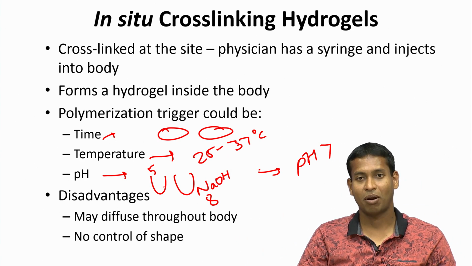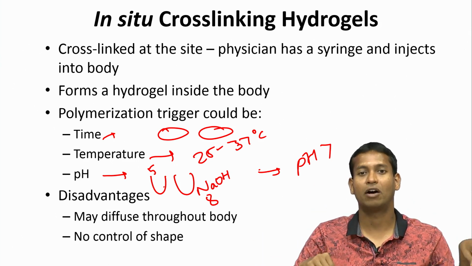That is a big problem because as you know most of these diffusion kinetics will depend on what is the area through which it is coming out of the system.